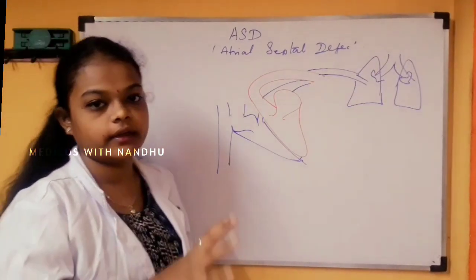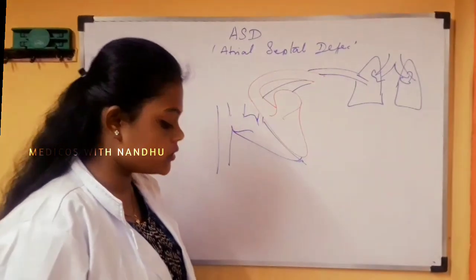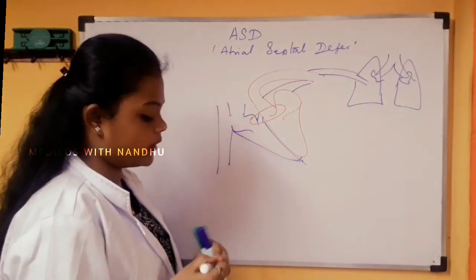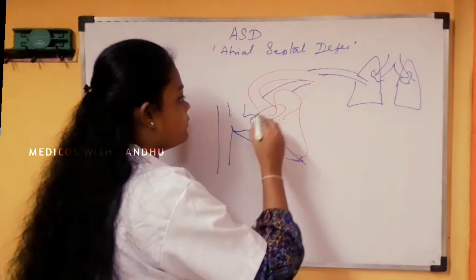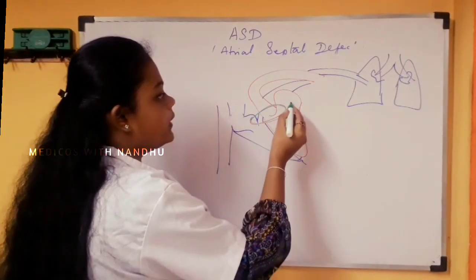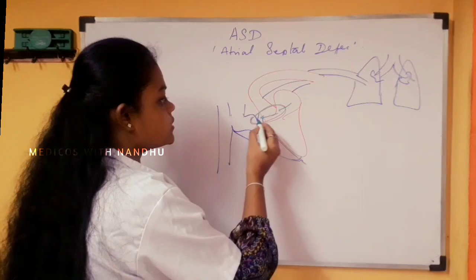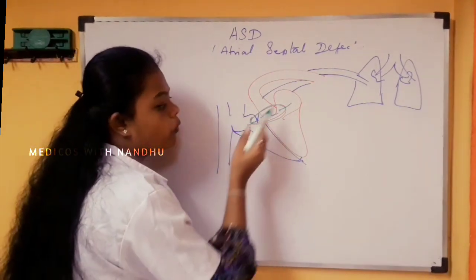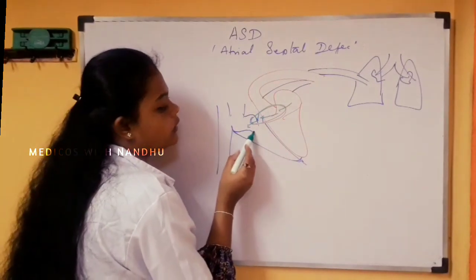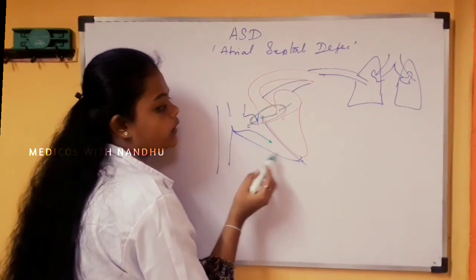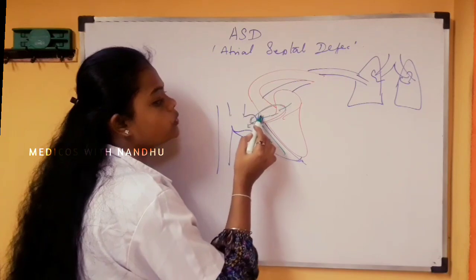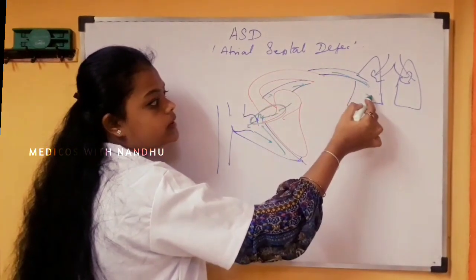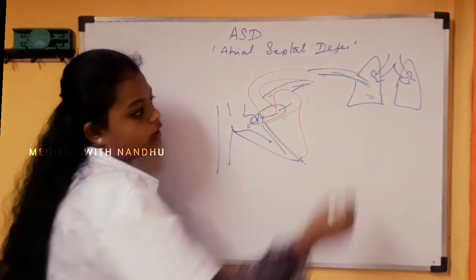In atrial septal defect, if there is a shunt between the left atrium and right atrium, the blood will go directly through this and reach the right atrium. So more blood will be coming here, then to the right ventricle, then it will move to the pulmonary valve and on to the lungs.